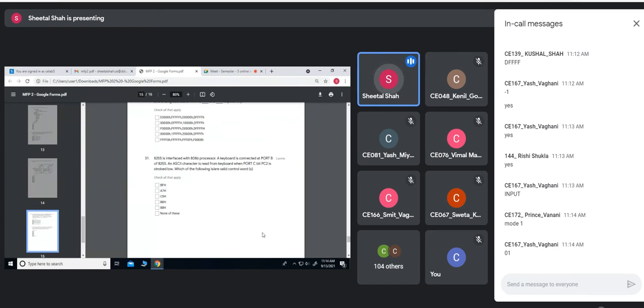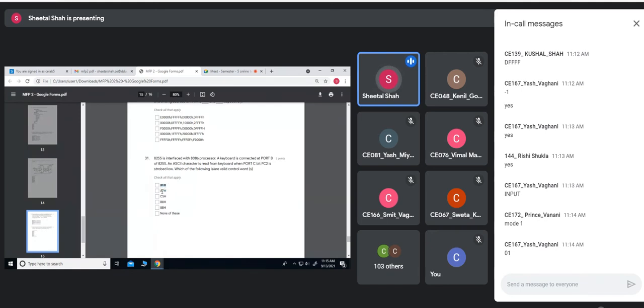So the lower order 3 bits should be 1, and the most significant bit of the control word should also be 1. The rest can be don't cares. So lower order 3 bits, that means 7 as well as F, these two are the valid ones, and the higher order 1 bit should also be 1.